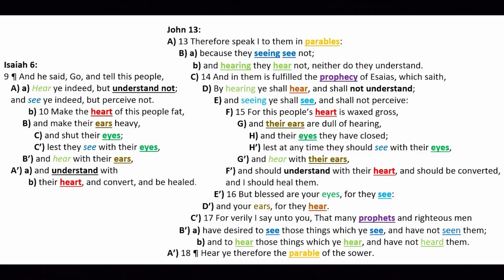Something else to look at is in the C terms, you see that there's a strong anchor of repeated words in both the C and C prime that show, hey, there's a chiasmus here, look for it. And the words are in purple. It's prophecy and prophets. That's the only two times where those words are repeated, once up above, once down below, whereas within the chiasmus, there's several repetitions of see and eyes and ears and hearing.